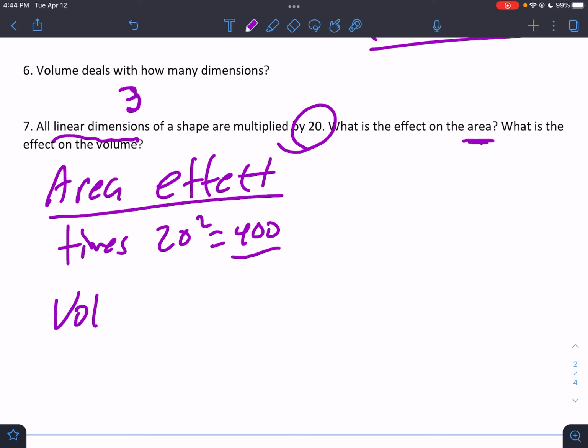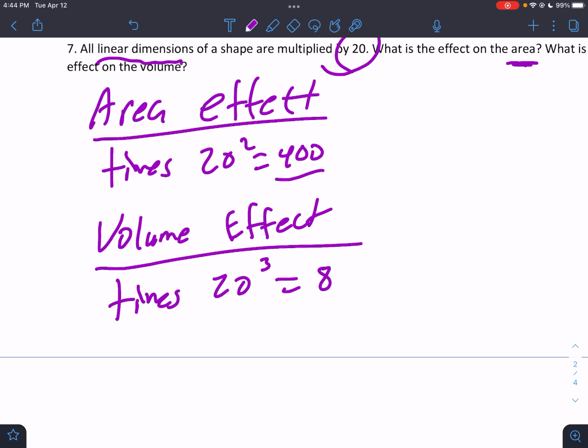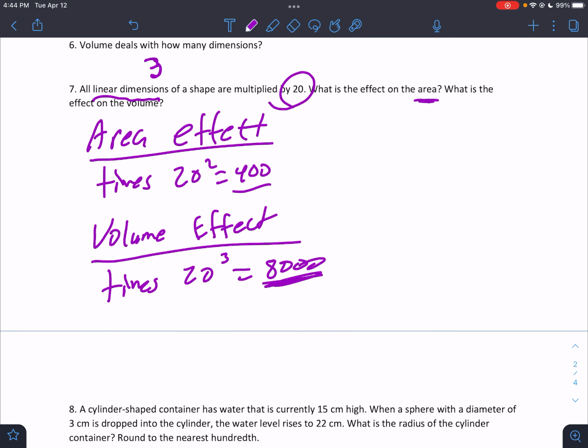The volume effect would be times 20 cubed, which is 8,000. So if every linear dimension was times 20, the volume would be times 8,000.